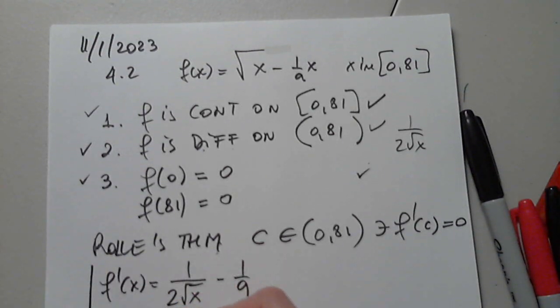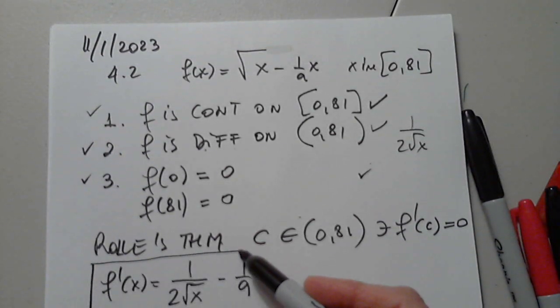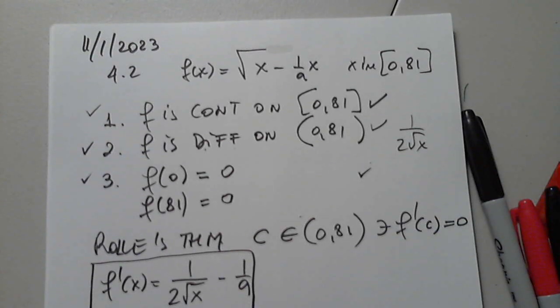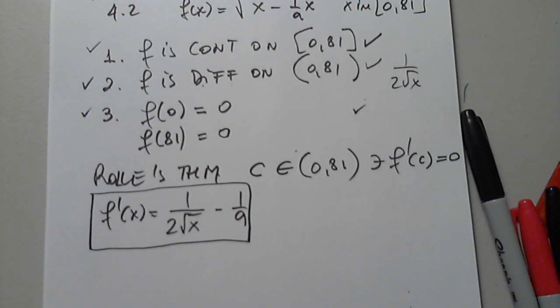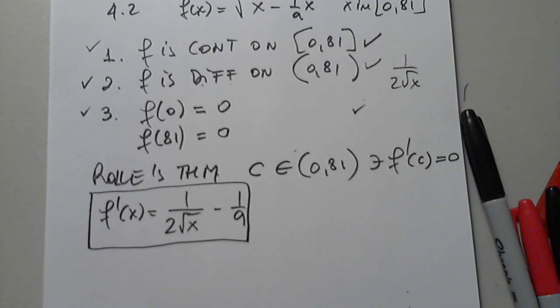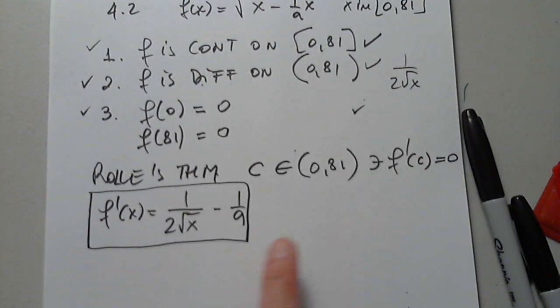Do we all agree with f prime? If we agree with f prime, then we'll move on. If we don't agree with f prime, then we have to talk about it. Is f prime okay? Yes. Okay, perfect.